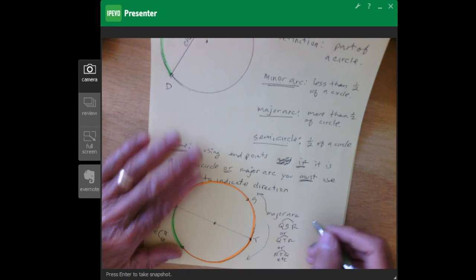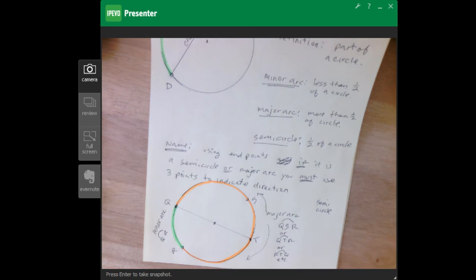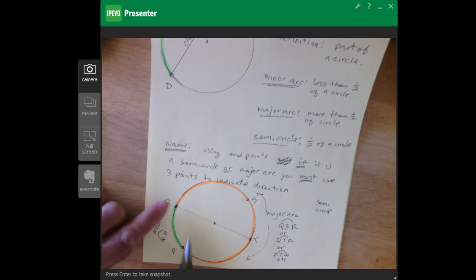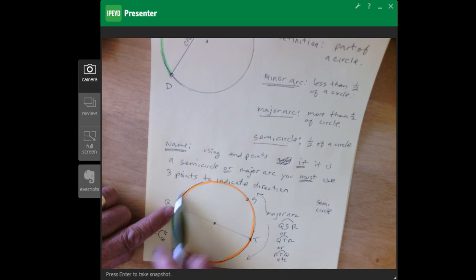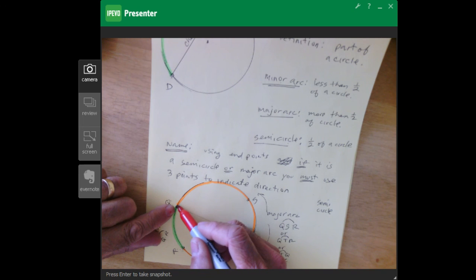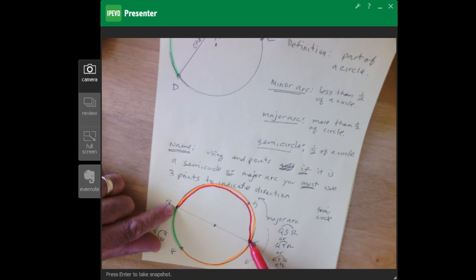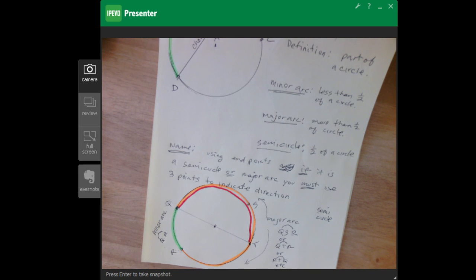And a semicircle is the same thing, except the length is going to be the same either way. You have to know which direction you want to take. So, for instance, if we want to go this way, that would be a semicircle, right?